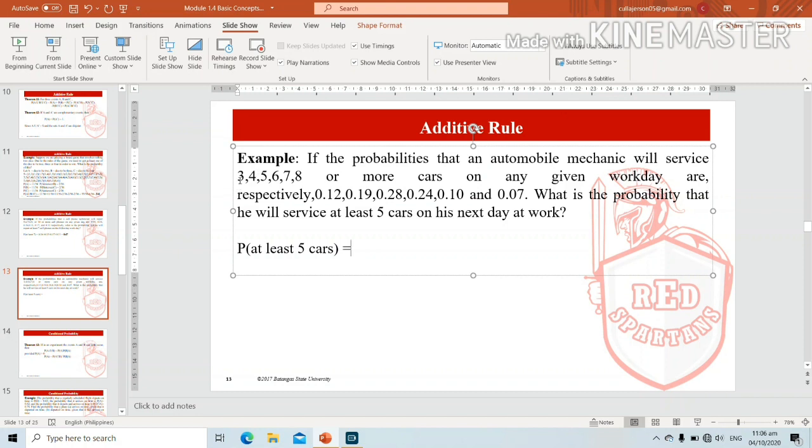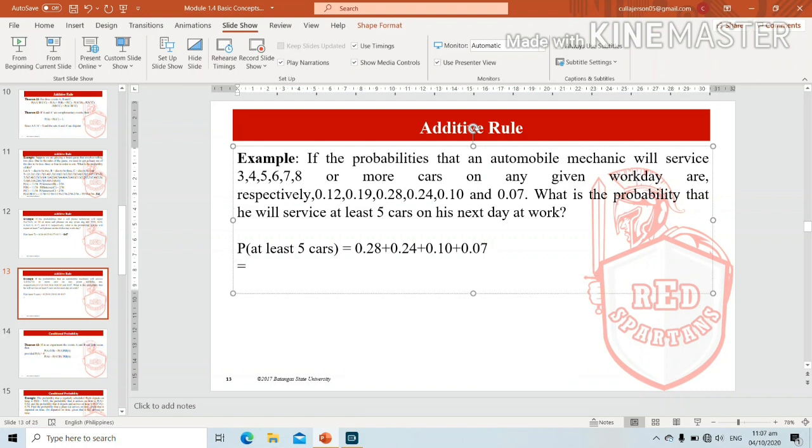So, ang probability ng 3, 0.12. Ang probability ng 4, 0.19. Ang probability ng 5, 0.28. So, pag-addin lang natin, 0.28 plus 0.24, kasi at least 5 ang sabi, 0.10 plus 0.07.